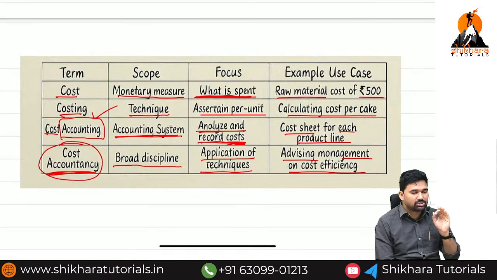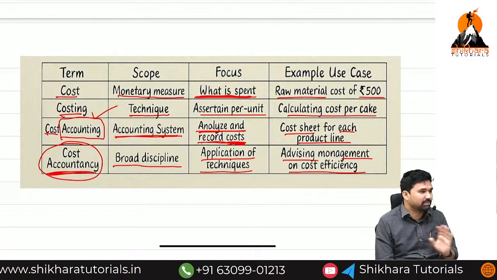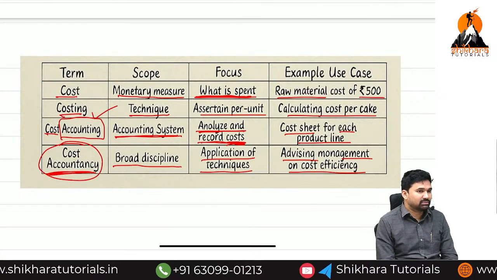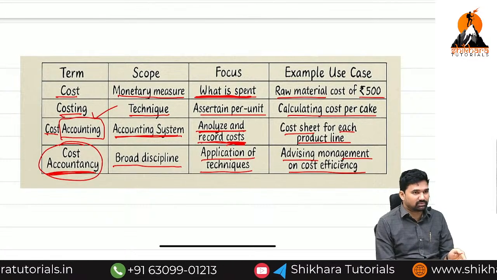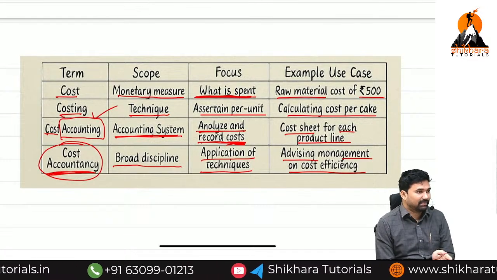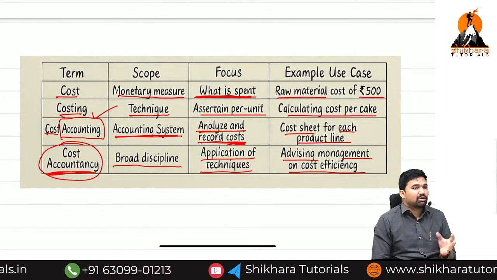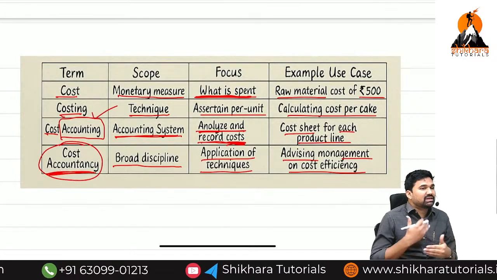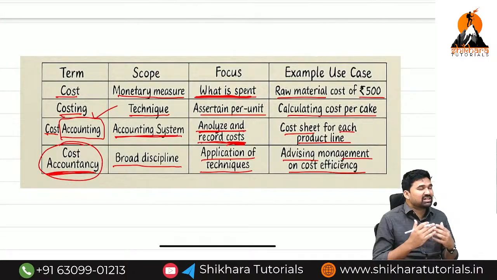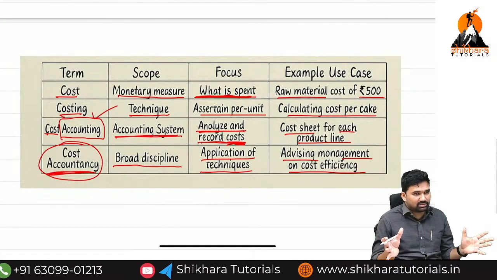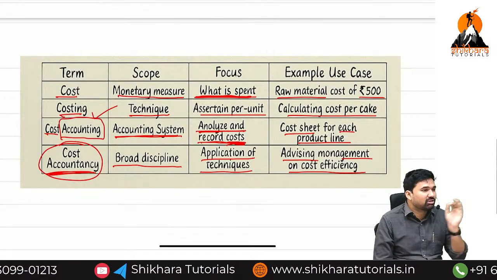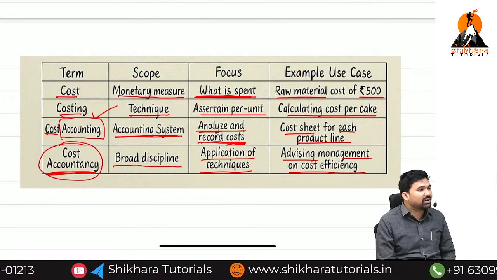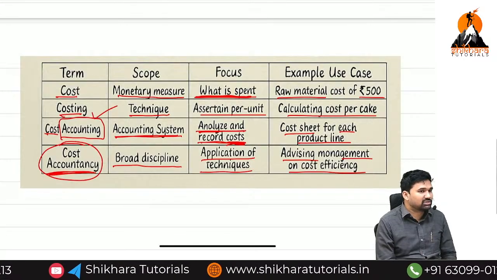This is the most crucial decision for your upcoming classes. After cost, we came to know about costing. Costing is a scientific resource which contains a bunch of techniques to calculate per unit cost. This is costing.